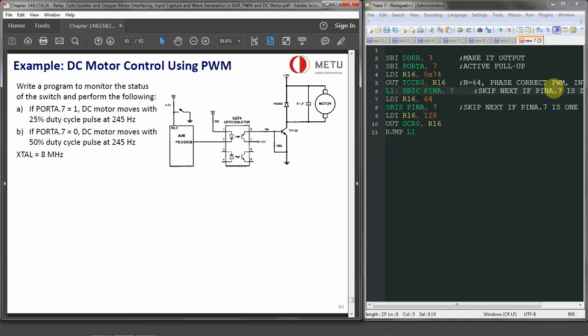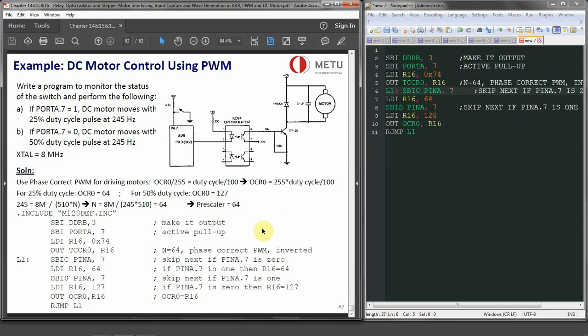And we check pin A. If it is 0, we use 64, so 25% duty cycle. And if it is 1, we just set it to 128 for 50%. And that's all we need to do.